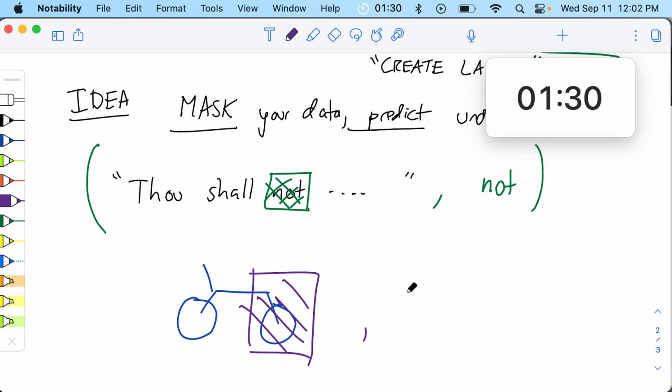And so the correct answer is a wheel, right? And then I say, Mr. Computer, when you have a bicycle and you see one wheel in the front, can you predict what is behind it? If your computer program is able to correctly predict that there is a wheel behind the first wheel, now your computer program has understood something about how bicycles behave in the real world, even though we just had images of bikes, right? We didn't tell it bikes have a second wheel behind the first wheel. It kind of learned that on its own through this kind of thing.